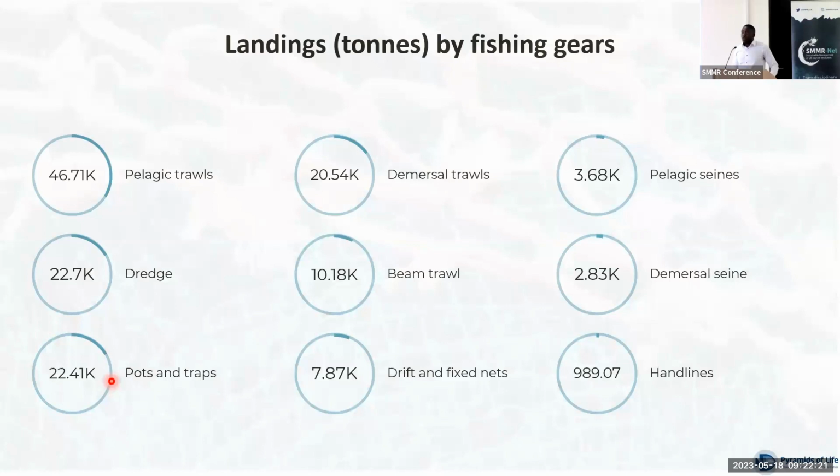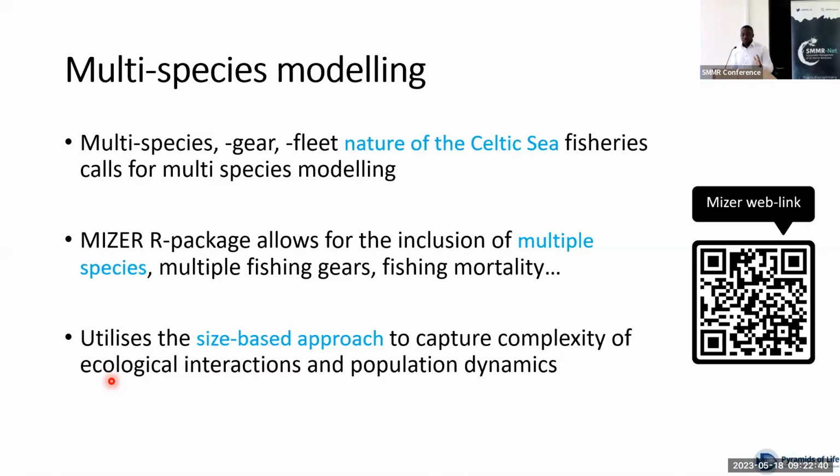So when you look at the landings for the different gears, we can characterize the Celtic Sea to be a trawl-based fishery, but there is also contribution of other gears, particularly the dredge, pots and traps, hand lines, drift nets, and fixed nets. So having looked at all these fisheries, we can characterize the Celtic Sea to be multi-species, multi-gear, multi-fleet.